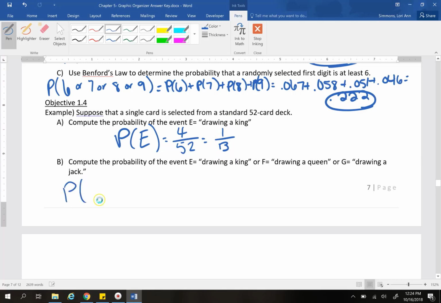Now part B is asking the probability of a king, which is event E, or the probability of F, which is a queen, or a jack. You cannot draw a king and a queen at the same time, or any other combination of these. So these are disjoint.